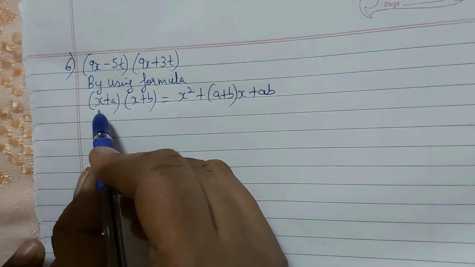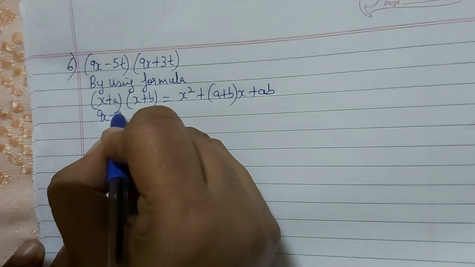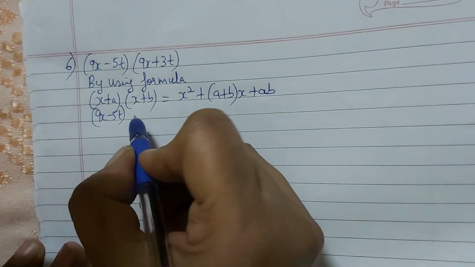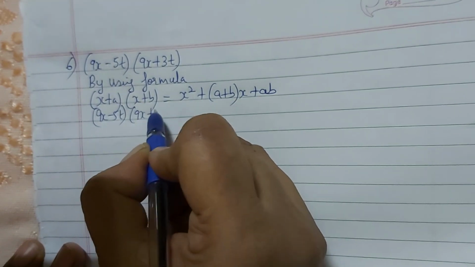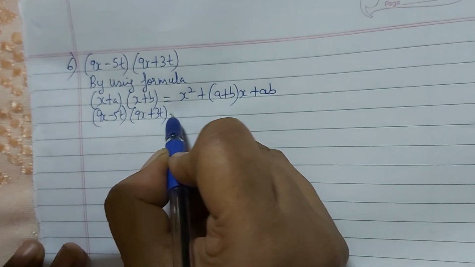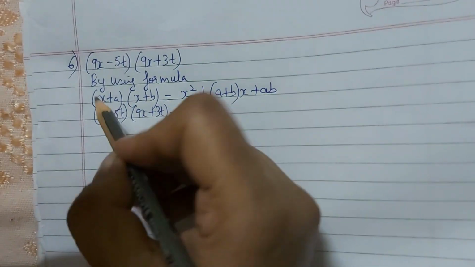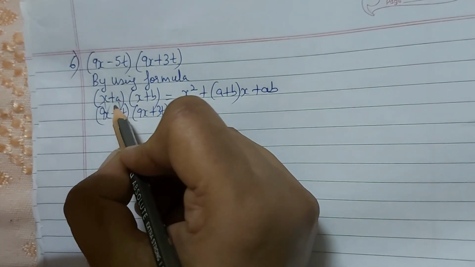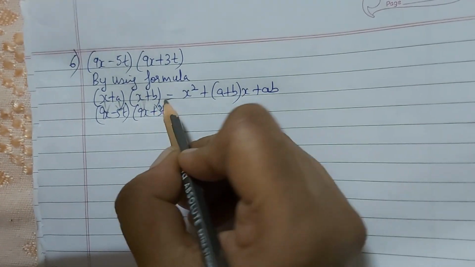In this bracket, below this bracket, this number will come. So 9x minus 5t, put a bracket, this number 9x plus 3t, put the bracket, is equal to, put the values. x value is 9x, a's value is minus 5t, x value is 9x, b's value is 3t.